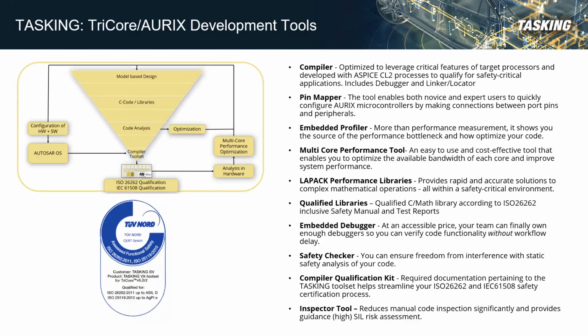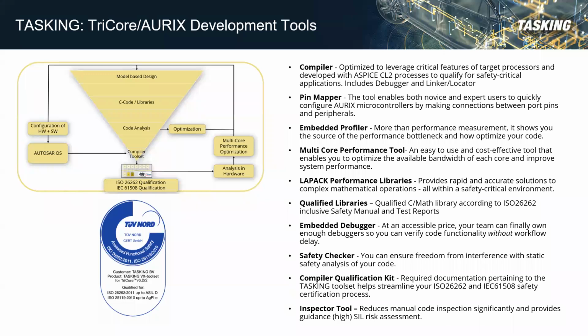We are also active in regards to the software development V-cycle and provide tools that can be used in different stages, as you can see here on the slide on the right side. For software development, for example, we are offering the Tasking VX toolset consisting of a compiler, linker, locator, and simulation debugger.